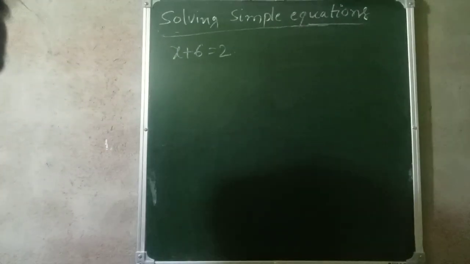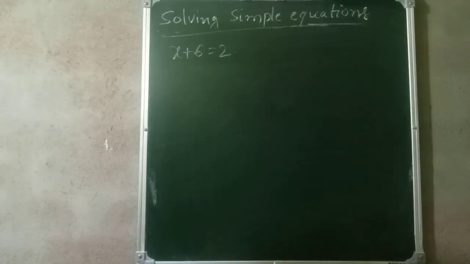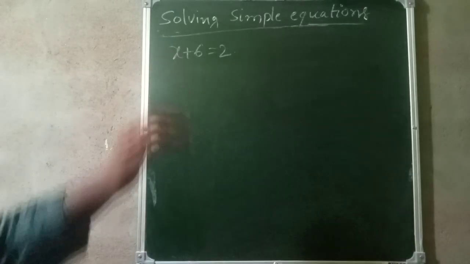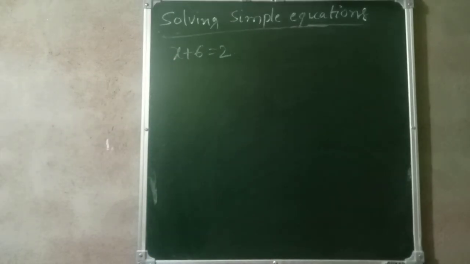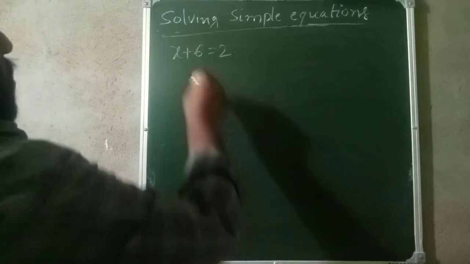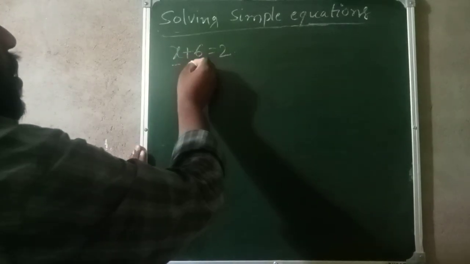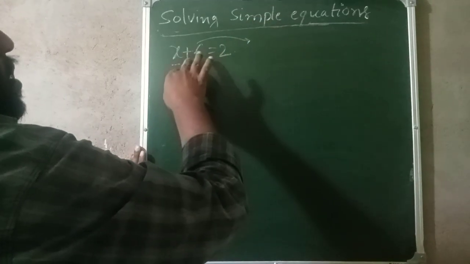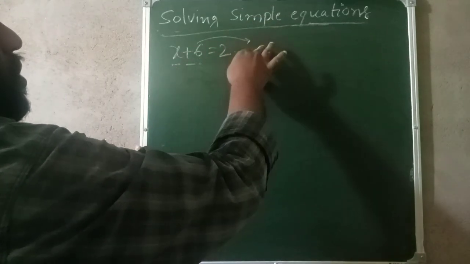This is another simple equation. So we have to find the value of x. So keep this x on one side, move the remaining, whatever is there, to the other side. So remaining is plus 6, we have to move this to the other side.